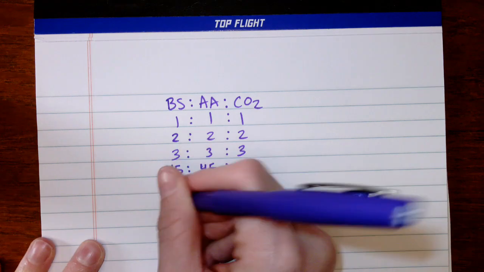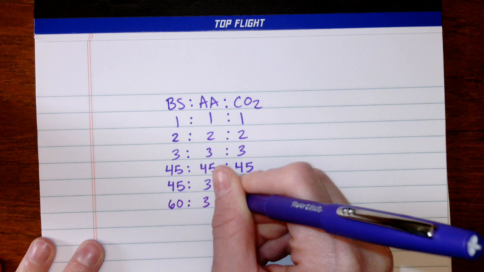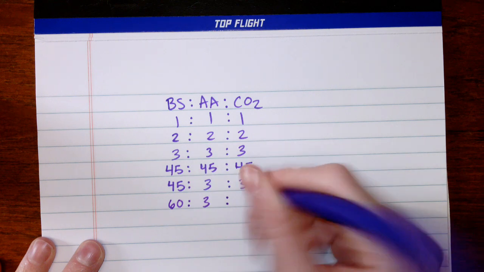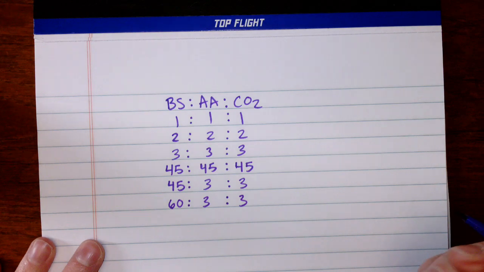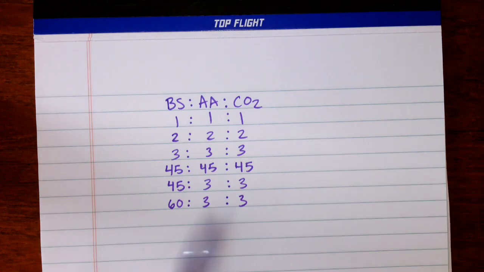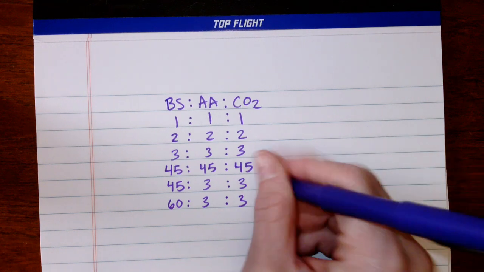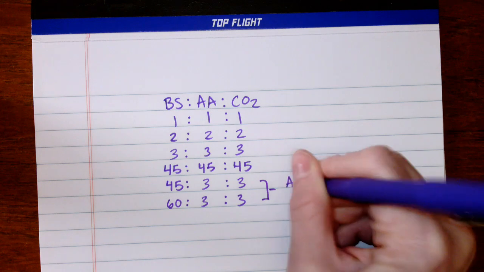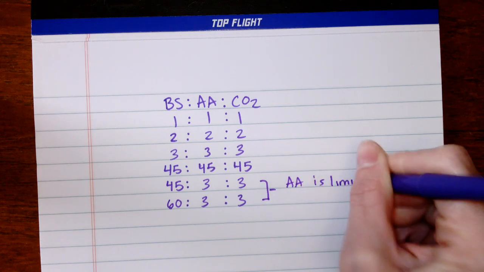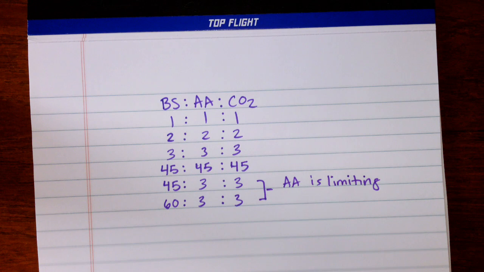If I had 60 moles of baking soda and 3 moles of acetic acid, I still would only be able to produce 3 moles of carbon dioxide, okay? So you'll notice that whatever the smaller number here is the limiting reactant. So for both of these examples, acetic acid is limiting because that's what is controlling how much product we are actually going to make, okay?